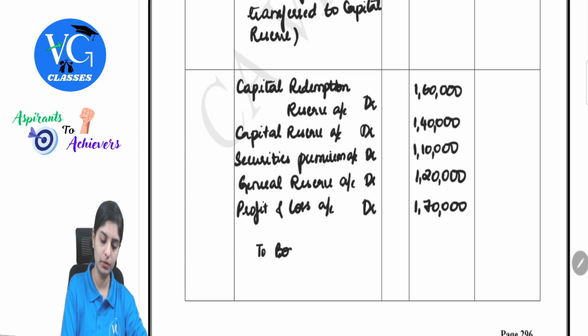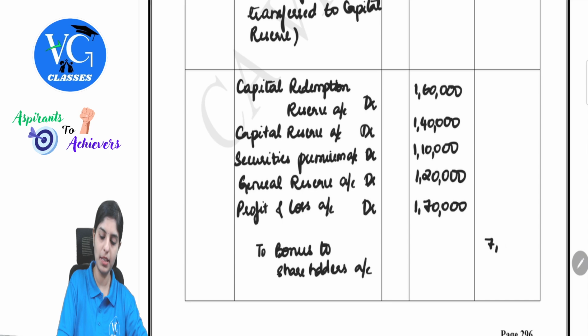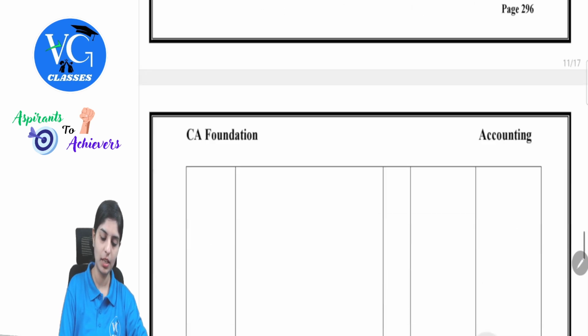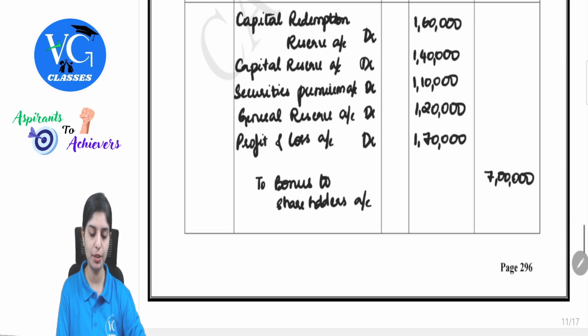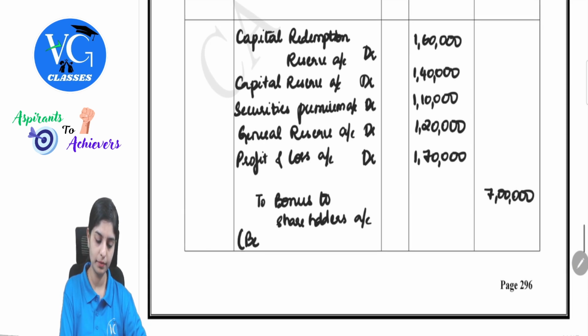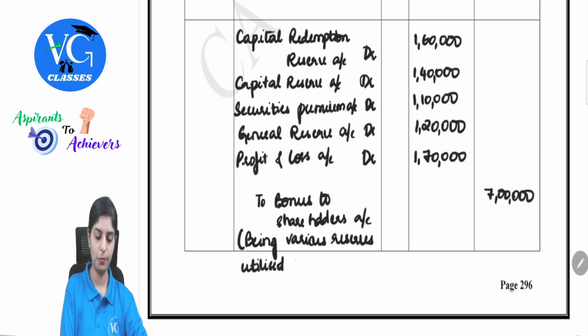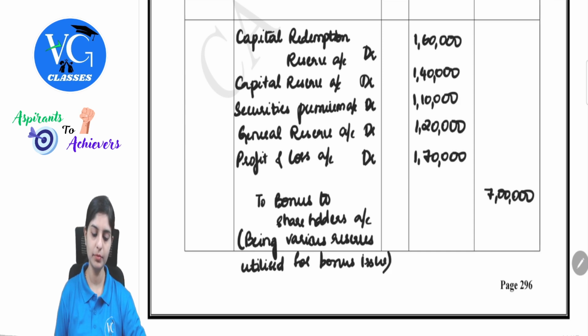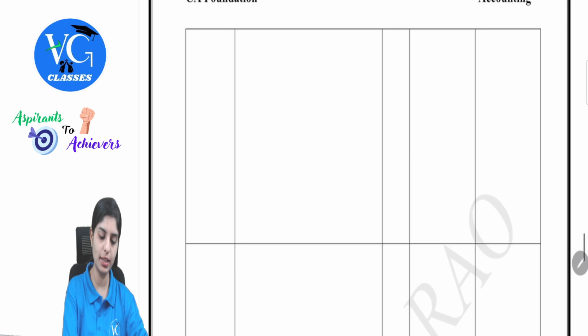To bonus to shareholders account. This will be 7 lakh. I hope these points are clearly understood. Being various reserves utilized for bonus issue.